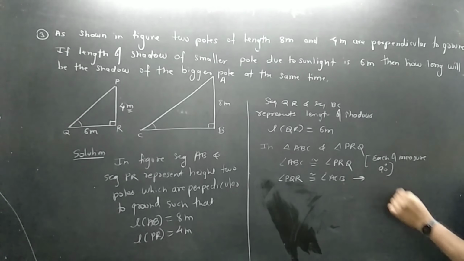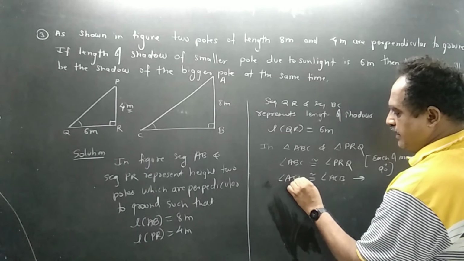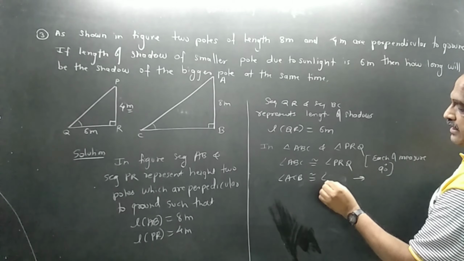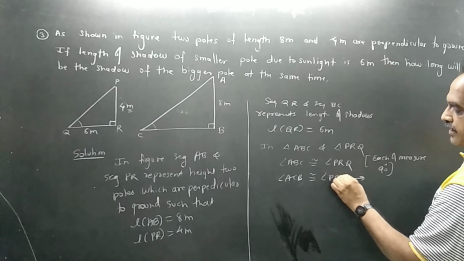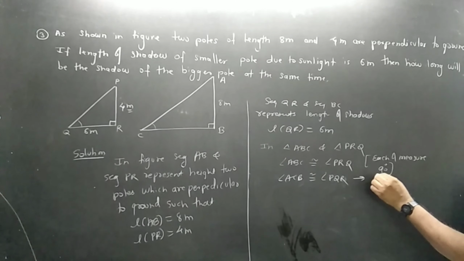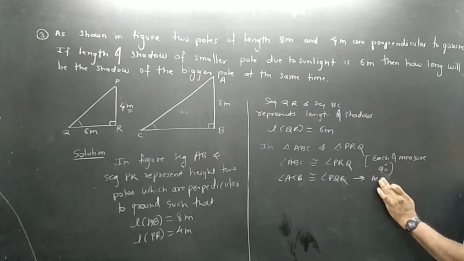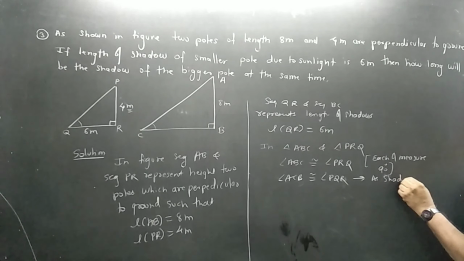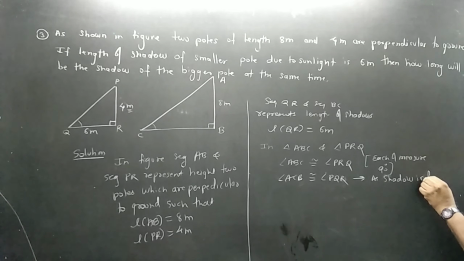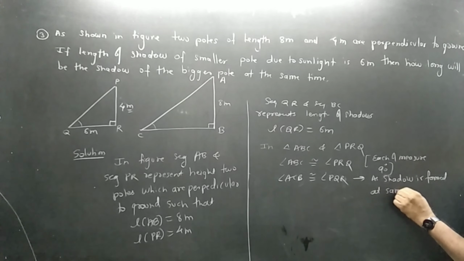The reason we are going to write over here: angle ACB is congruent to angle PQR, as shadow is formed at the same time.